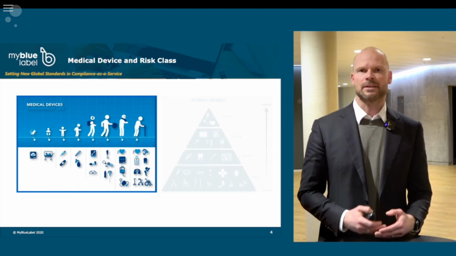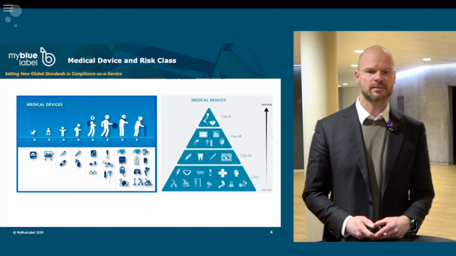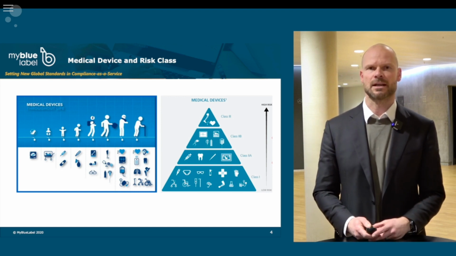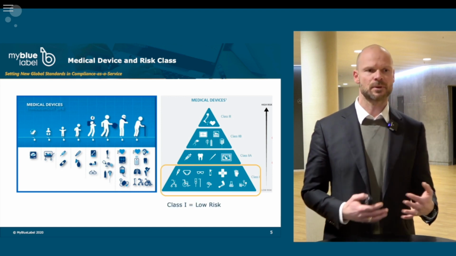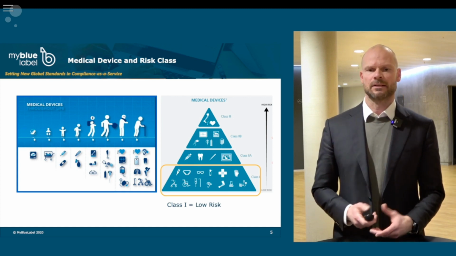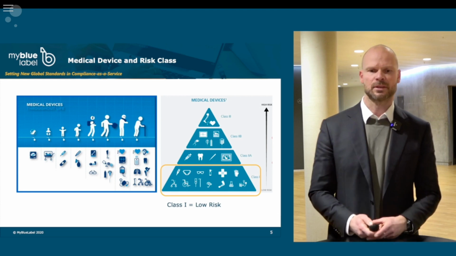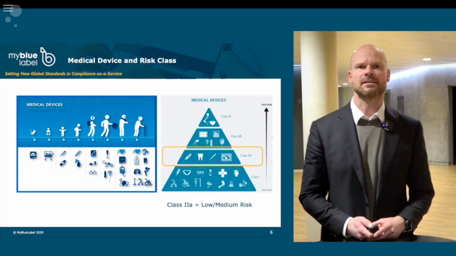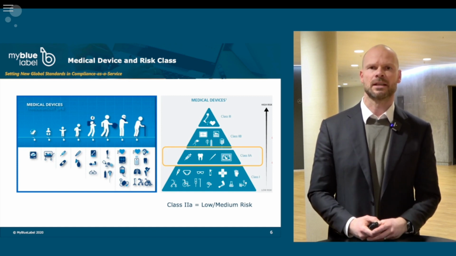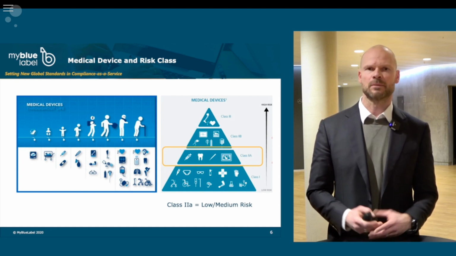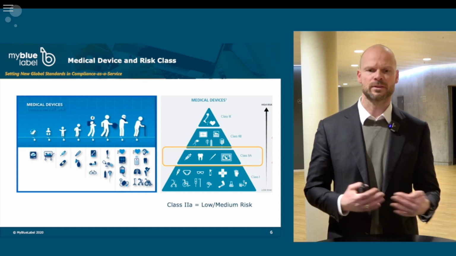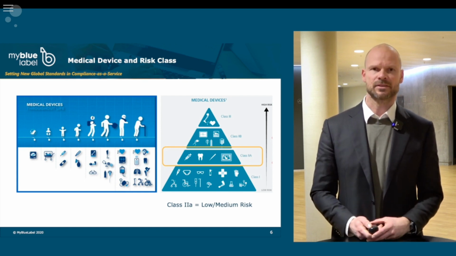So if we're looking into the pyramid here to the right, then in the bottom of the pyramid we have class 1, and these are typically out-of-body devices. And if we go one level up, then we have the low-medium risk classes, and these are typically in-body but in a transient use, and it means that this device is in the body somehow for less than 30 minutes.